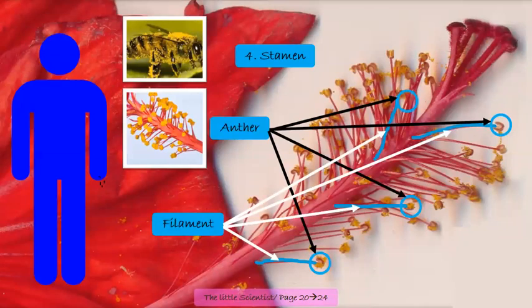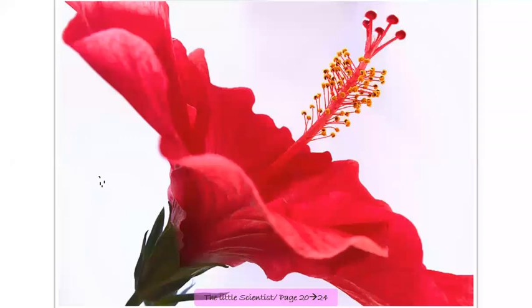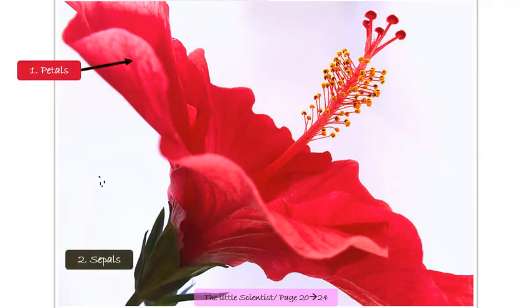Again, the name of the male isn't Ali. It isn't Adam or Karim. The name of the male part is stamen. The stamen has 2 parts: anther and filament. Okay? Quick revision. Here we have the petals. Petals are colorful. Then the sepals.